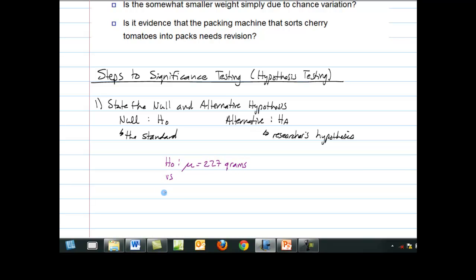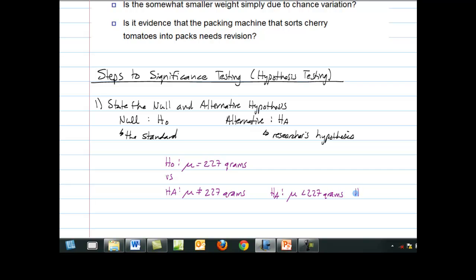Then our alternative would be, you know what, I don't think that's true. So one alternative that we could have is not equal to 227 grams, meaning I don't think it's filling properly. It might be too high, it might be too low, but I just don't think it's filling properly like it's saying. Now we could have other alternative hypotheses too. We could also have an alternative hypothesis that said mu is less than 227 grams.